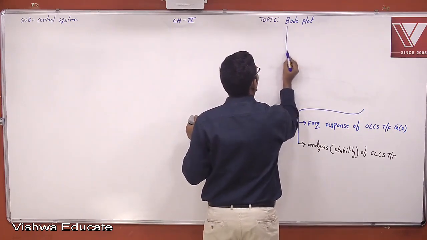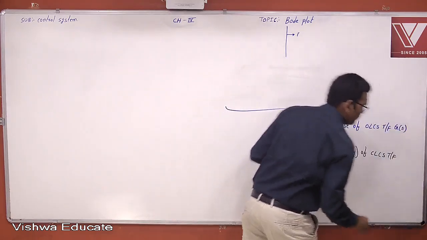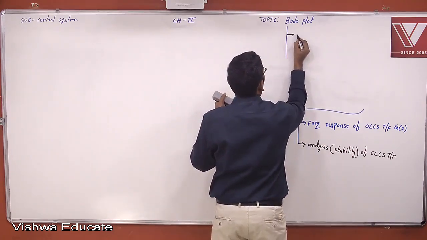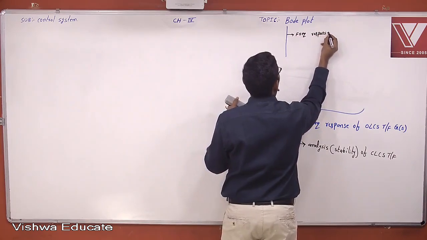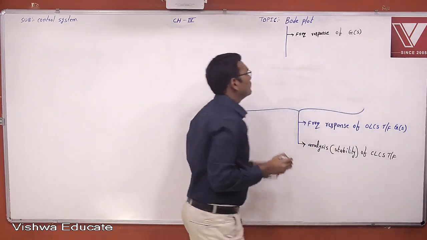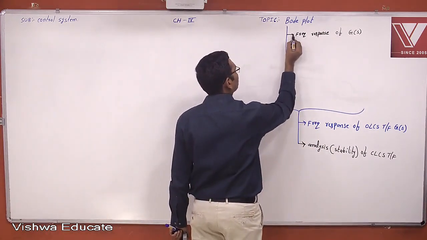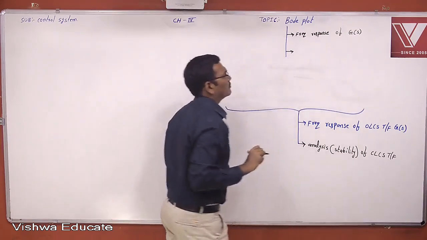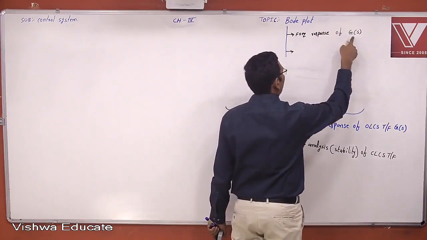This is the Bode plot, which is the frequency response of open loop transfer function.